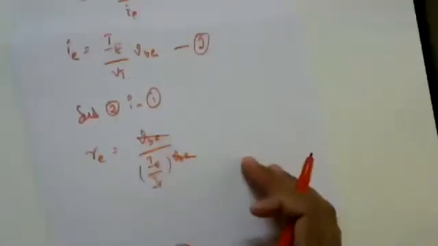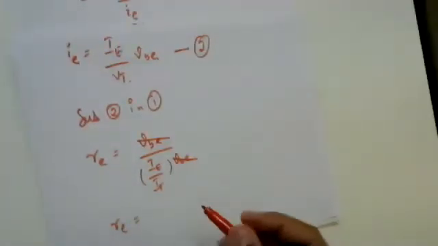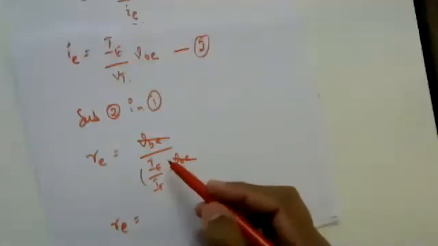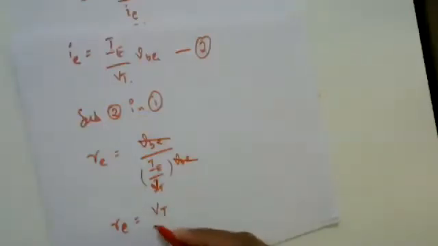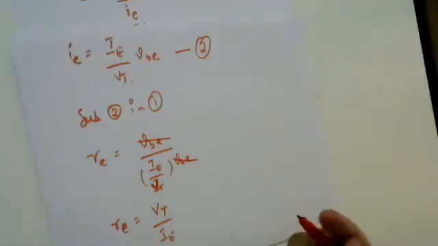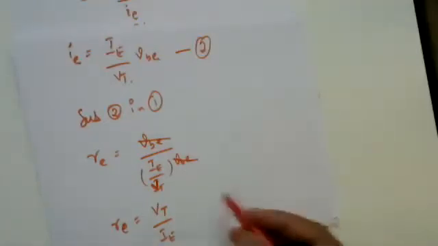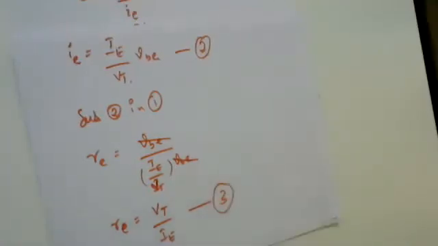VBE will get cancelled, giving RE is equal to VT divided by IE, as the VT comes to the numerator. Let me call this expression number 3.